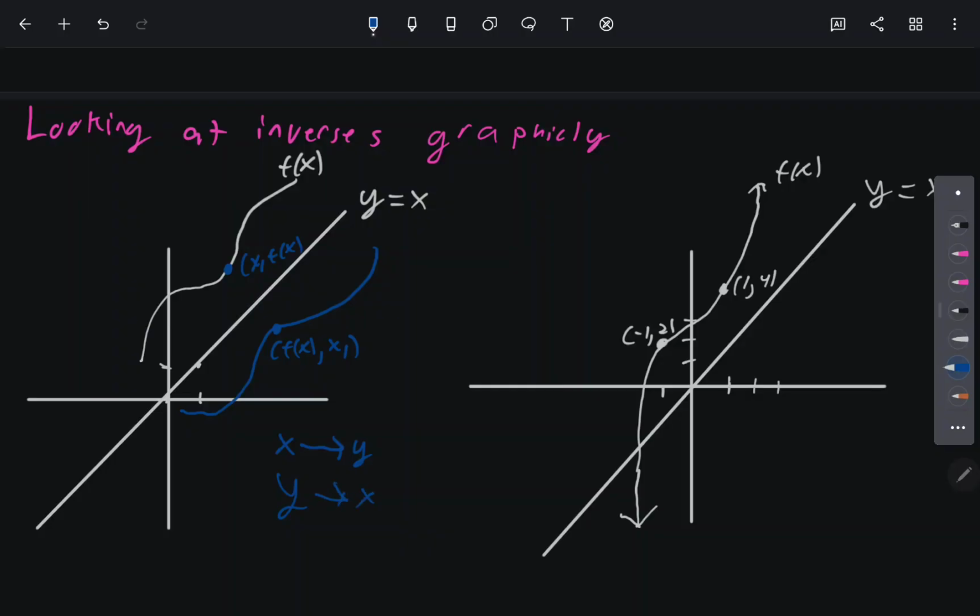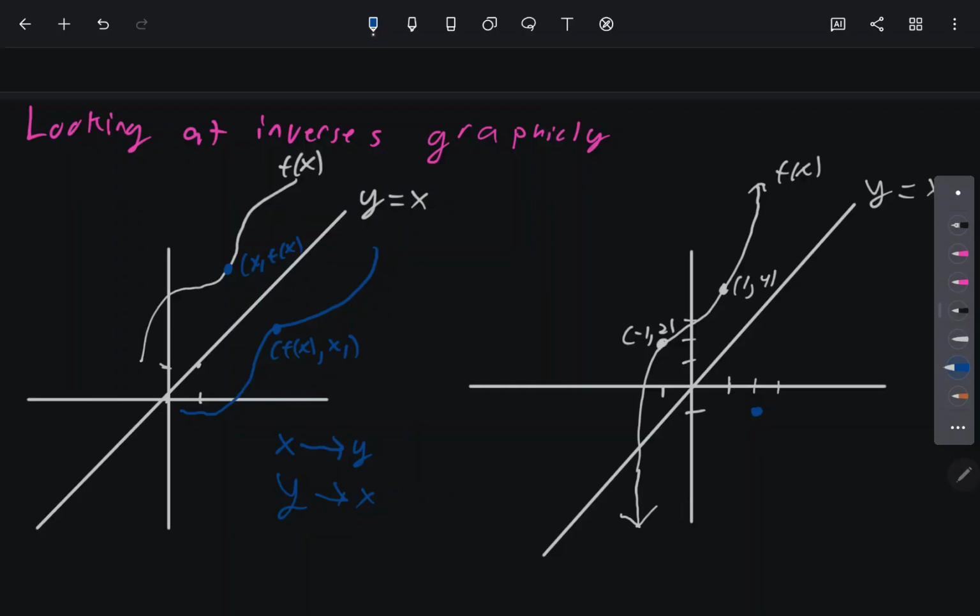So now I have another graph. In fact, this is a cubic function, more specifically x cubed plus 3. If we wanted to draw the inverse of this graph, we will have a point at (2, -1). So let's draw that point in at (2, -1).